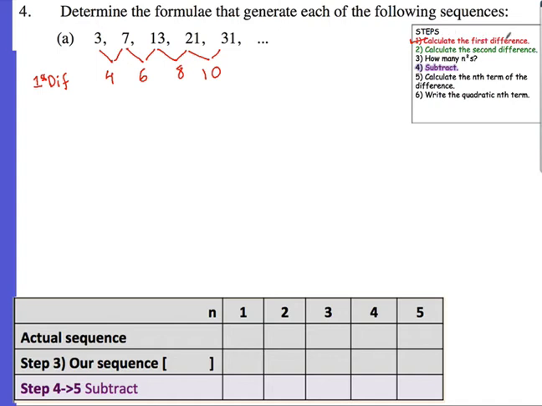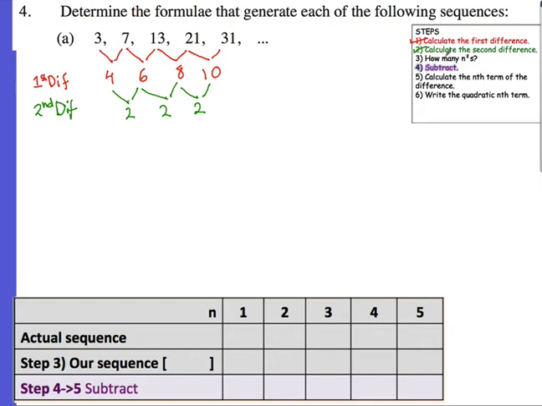Tick off, calculate the first difference. Now the second difference, it's gone up by 2, 2, 2. Calculate the second difference. The second difference is constant, so this is a quadratic.